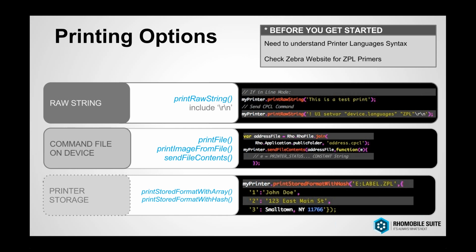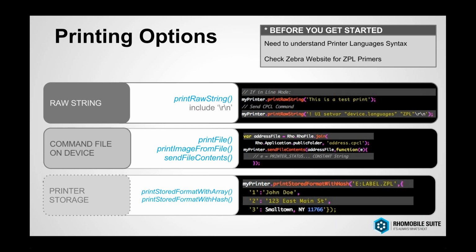But essentially, when you come to our API, there are really three ways of printing. I've grouped them into three categories. One is printing a raw string, where you just send a string or raw command down to the printer. We'll talk more about that in a second. The other is printing a file.